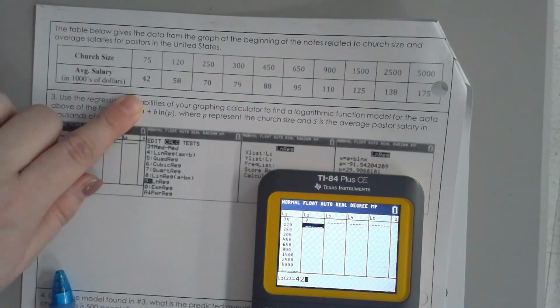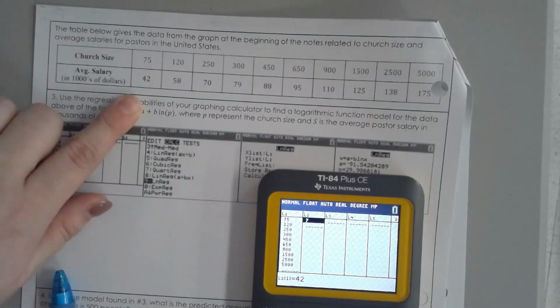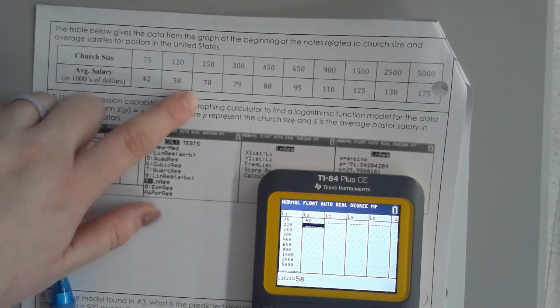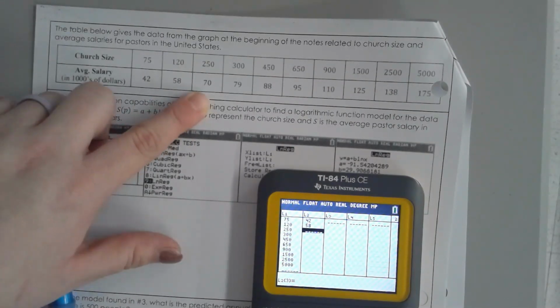Now here's where, if you just mess up one number, it's going to throw your whole answers off.